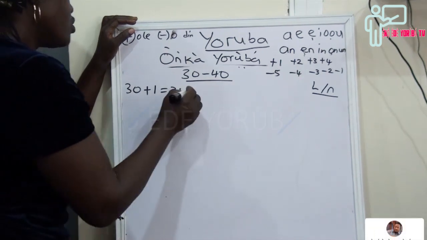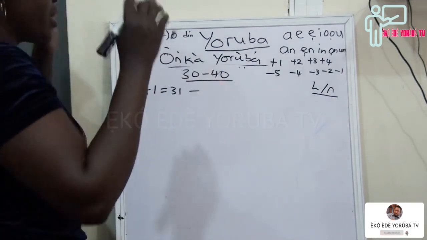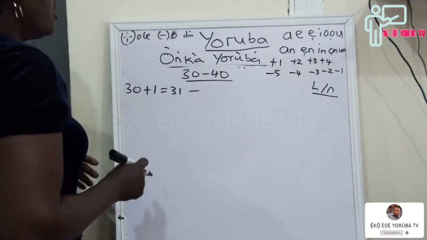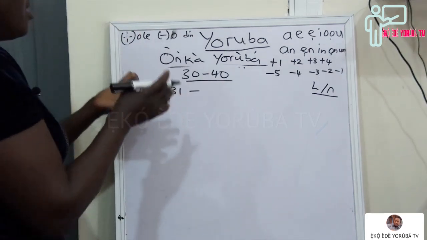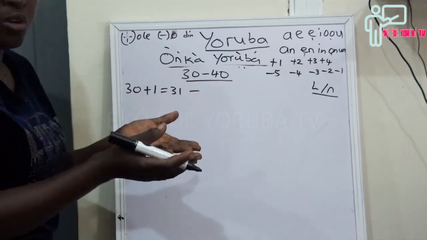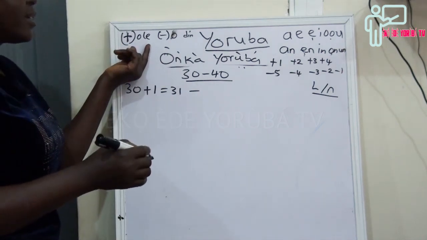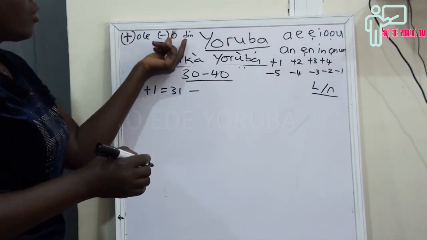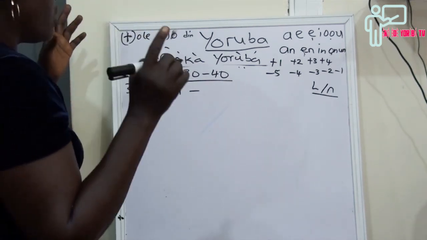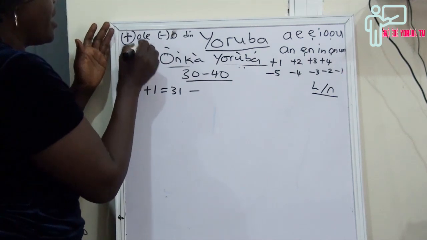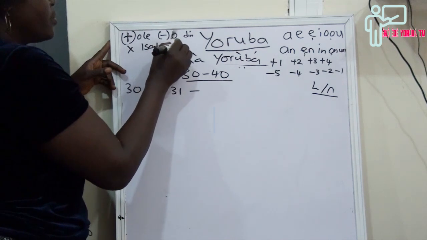31. So we are counting from the back also. In every number, we count from the back. The formula, the rules in Onka Yoruba in figures, is that you must know these signs. Ole, odin, ole, odin, and then two more signs that I've told you, that is multiplication, ìsọdipúpọ̀.